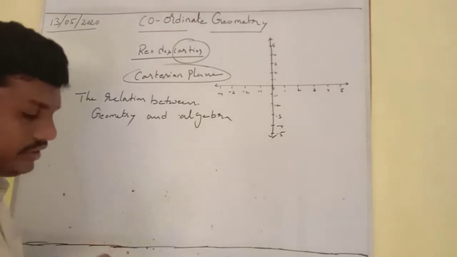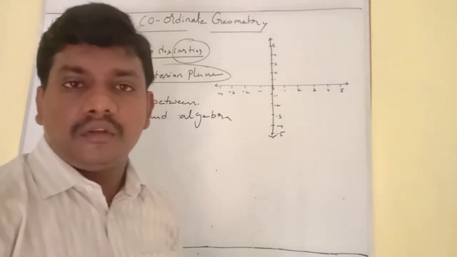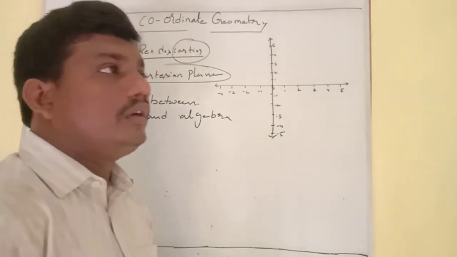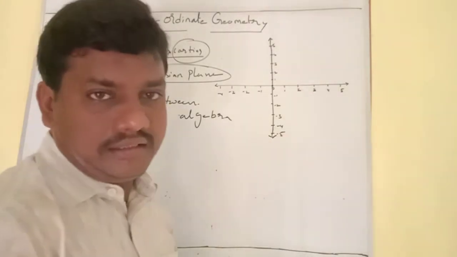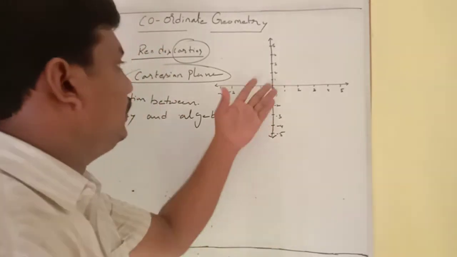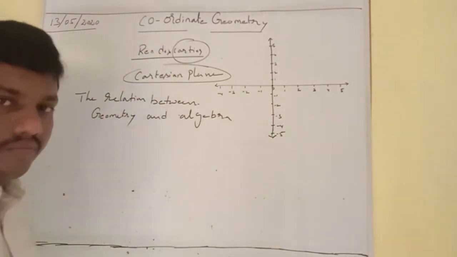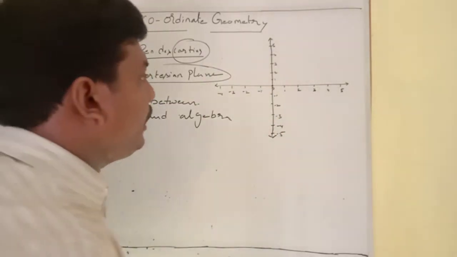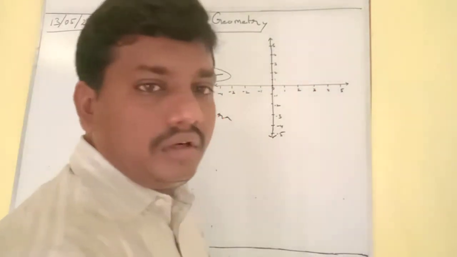What is the definition of coordinate geometry? Geometrical problems discussed on graph sheets is coordinate geometry. In coordinate geometry we have two reference lines.